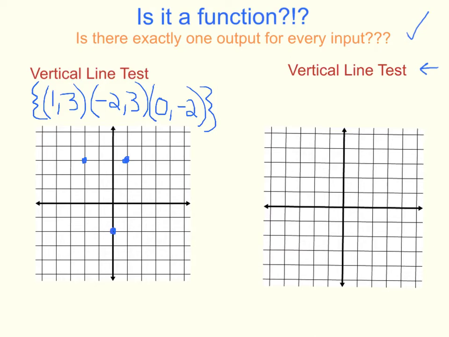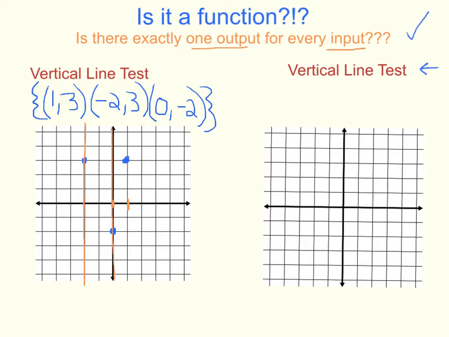Go back to the definition. There's exactly one output for every input, and the inputs are the x values. So if you go to your x values, how many outputs, in other words, how many points match up on the vertical line where that x value lies?